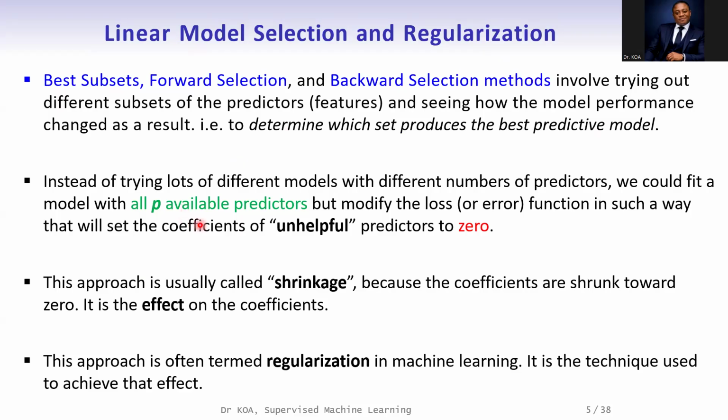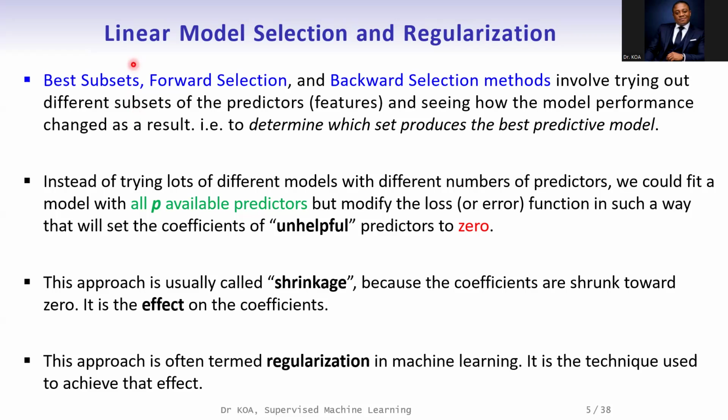Instead of trying to do that, you could have easily just put all the predictors in the model, but modify the error function in such a way that the coefficients that are not helpful are pushed to 0. My point is that some of the coefficients are not helpful, and if they are not helpful, move those coefficients to 0.